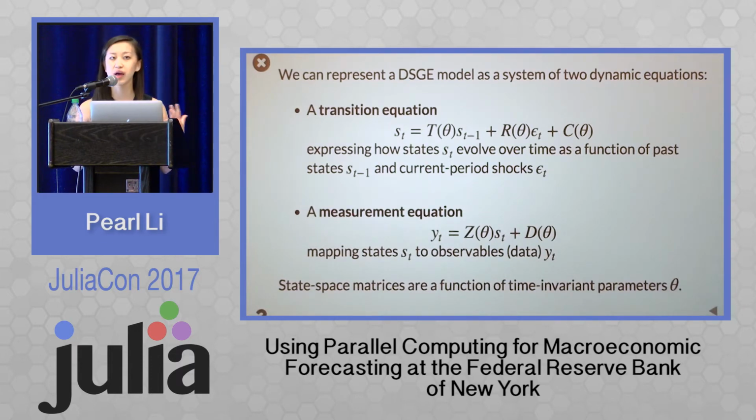After the transition equation, we have the measurement equation, which maps the current period's unobserved states to a vector of observed data variables, for example, GDP or inflation. Both of these are linear equations, and the T, R, C, Z, D matrices are all functions of some vector of time-invariant parameters, which we call theta.